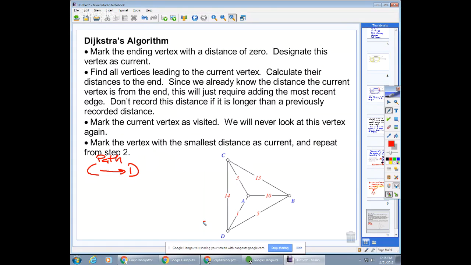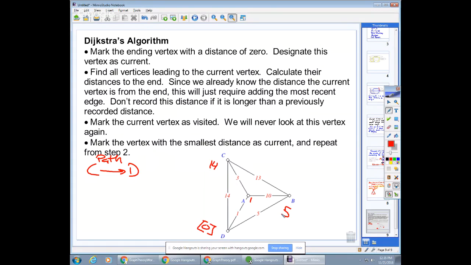I just come over here and I put in parentheses a 0. And then what I do is I make a note of all of the possible distances coming from that. So let's see, what do I have? I've got a 14 here, even though it says 14, I'm going to write a 14. There's a 1 over here, and there's a 5 over there.